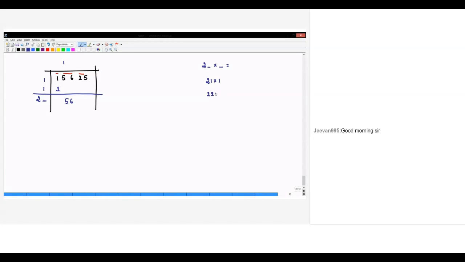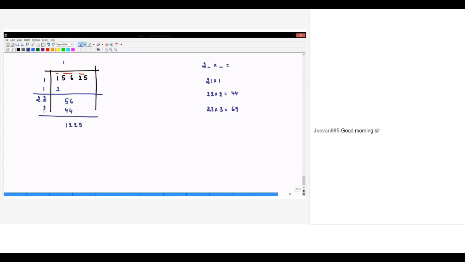But it is 21 only. It is 22 multiplied with 2. It is 44. 23 multiplied with 3. It is 69. That is more than 56. Therefore, multiply it with 2. 1225.